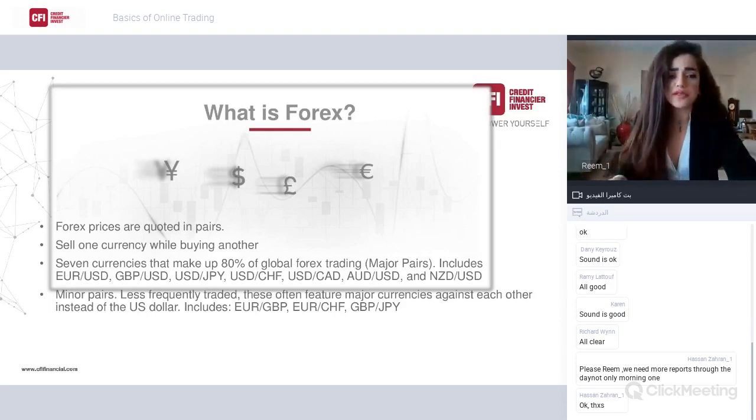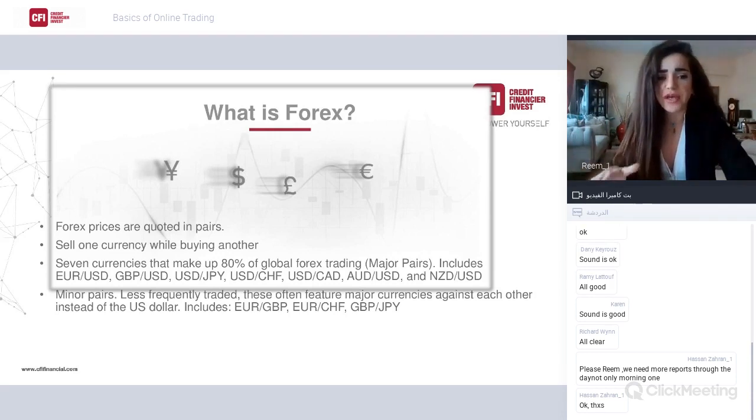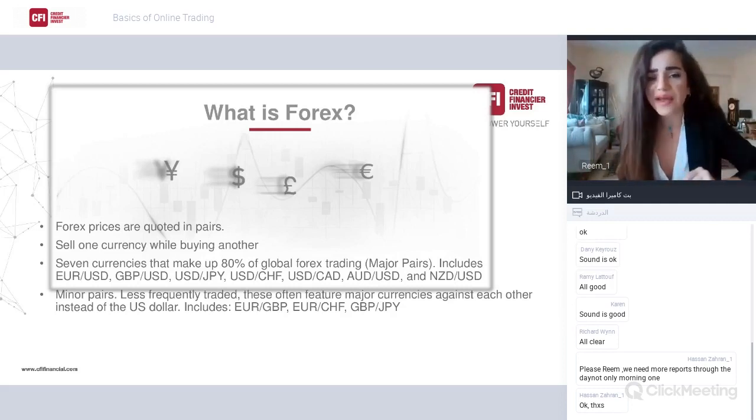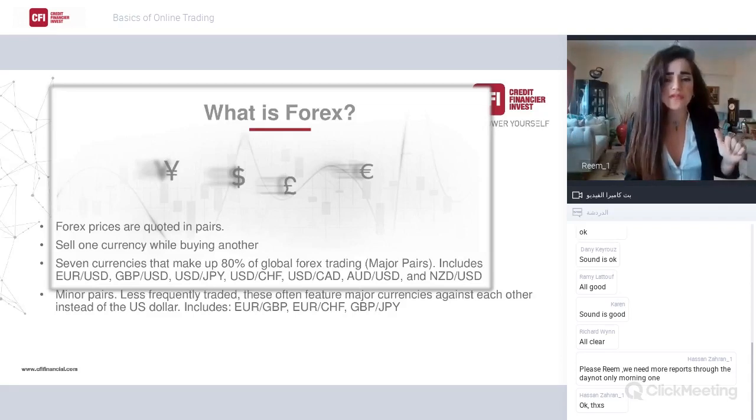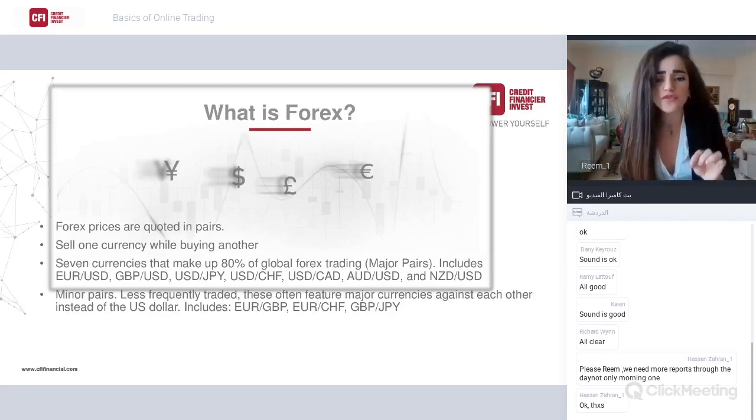I'll go on. So basically what I said here is that we have major pairs and minor pairs. One more advantage in trading major currency pairs that involve the US dollar is that 70 to 80% of the global volume is in them. A minute ago I told you the volume of trading is 5 trillion in the Forex market.